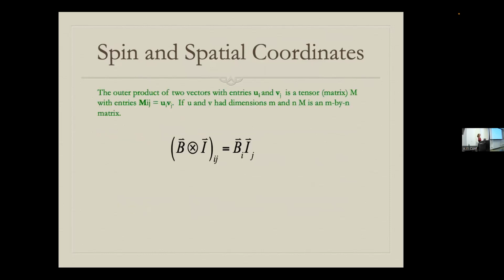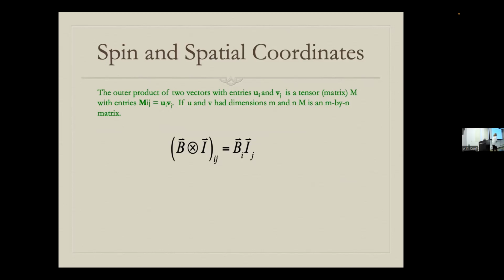Do you remember outer products? I think Art mentioned them in one of the lectures. So if I have 2 vectors and I want to join them, so it's just one mathematical object, but not lose any information, the ijth element of B outer product I would be BiIj.